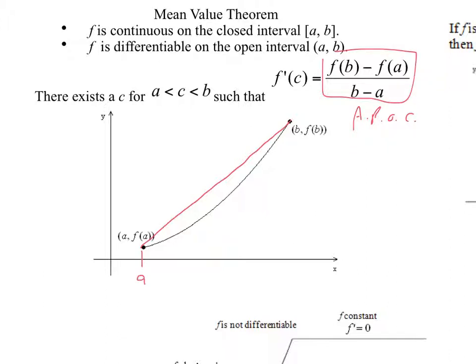So here's a, here's b. There is some x value between there where the slope of the tangent line and the average rate of change are equal, or these lines are parallel. So here is c, and f prime of c is equal to that slope.